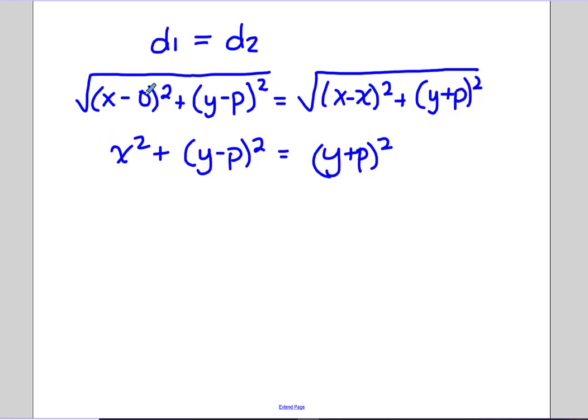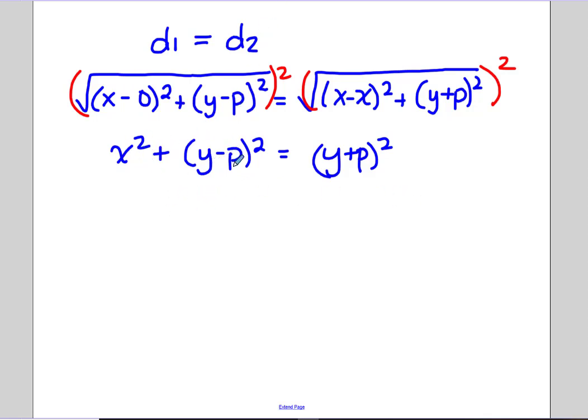So without spending too much time, I used the distance formula to say that the two line segments were equal in length, that the distances were the same. Then if we squared both sides, that would get rid of the square root, and then simplify the terms inside, it gives us here.